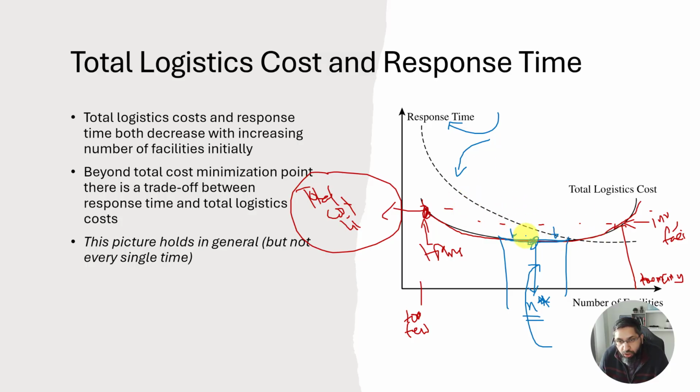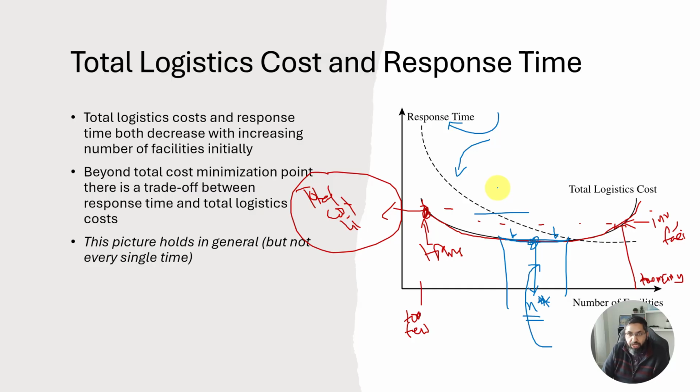But you also have to factor in that beyond a certain response time, the customer stops caring. So if you can get same day delivery, for example, then going from same day to 4-hour delivery, the customer may not care. They're happy with same day. They don't want to pay extra for faster than same day delivery.